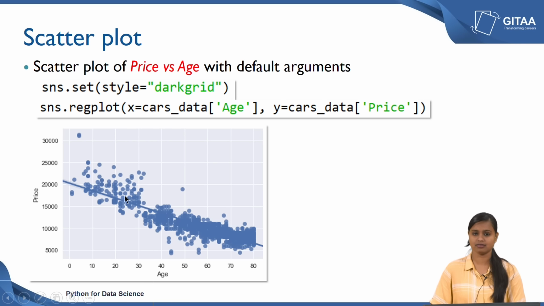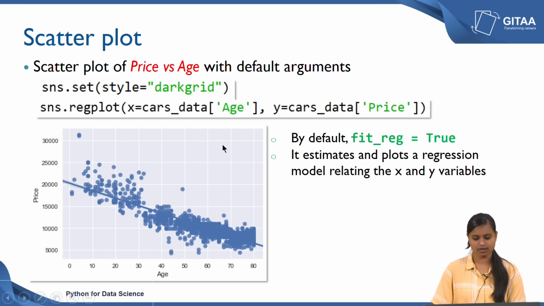Because the car has travelled a lot, there could be more damage to it, and since it is not new, the price also comes down. So, it is very obvious from the logic perspective as well as from the data perspective that as age increases, the price automatically decreases. And if you also see, there is a regression line which is plotted over the scatter points.